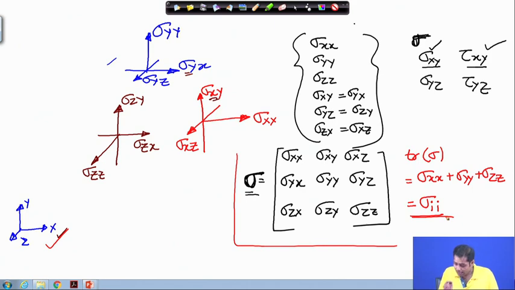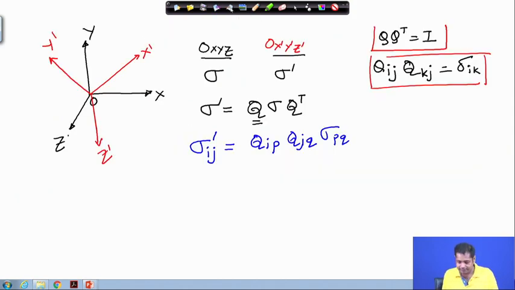Okay. Now, let us see what happens. By intuition, we can say that if we change the coordinate system, the components will change. But let us see what happens to the trace of this stress tensor, whether it changes or remains the same. To do this, let us write the index form of the transformation.